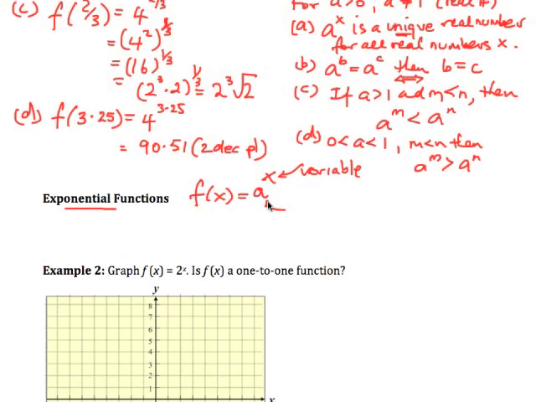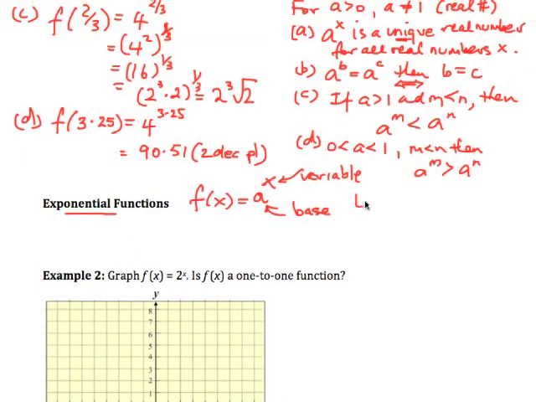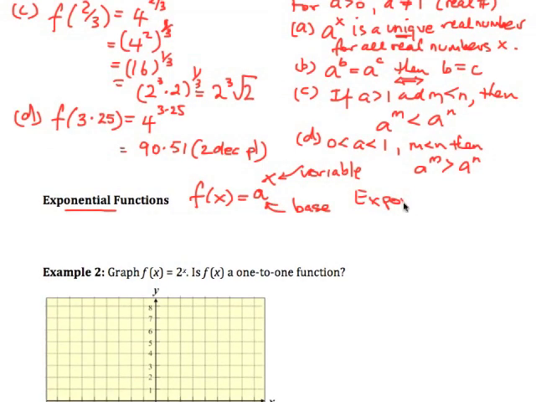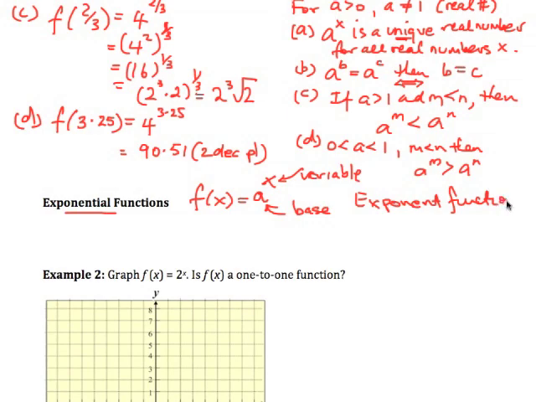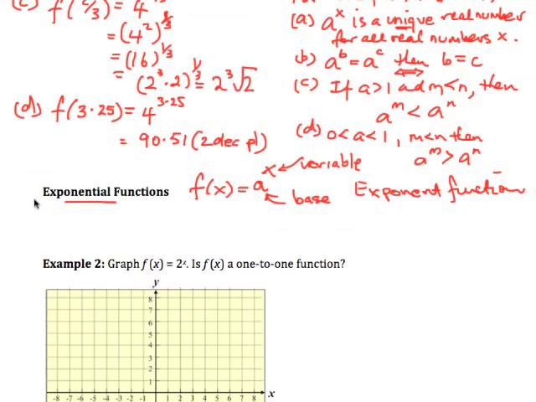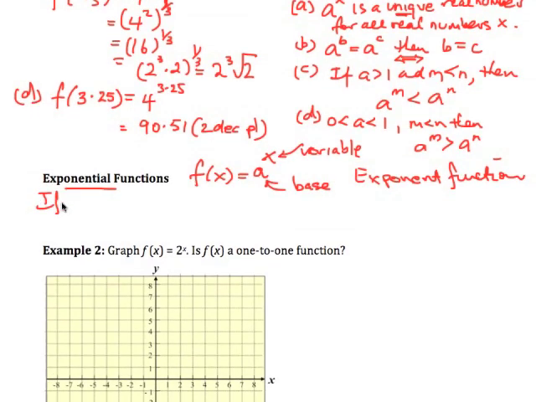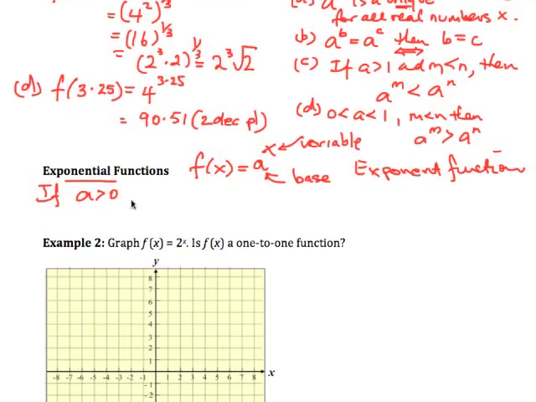a is actually called the base, and this produces an exponential function. Okay? In this case, we have a couple of conditions. Of course, a is greater than 0, we're not going to look at bases that are negative.